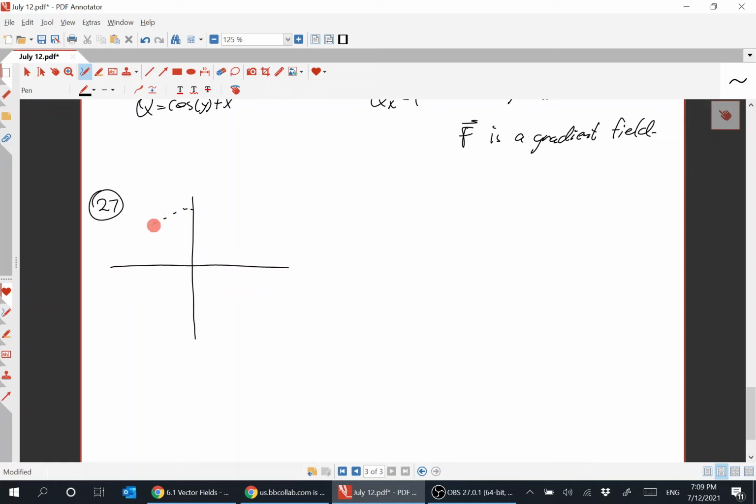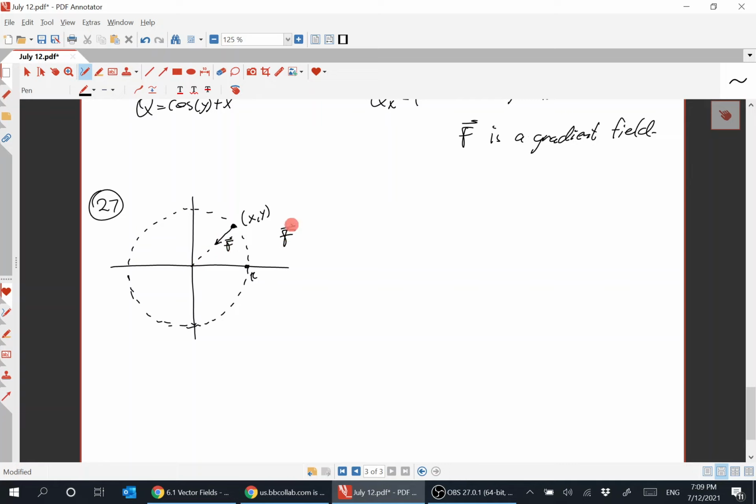So here is the circle of radius k. And if you take any point x, y, you want F to point in that direction, right towards the origin.